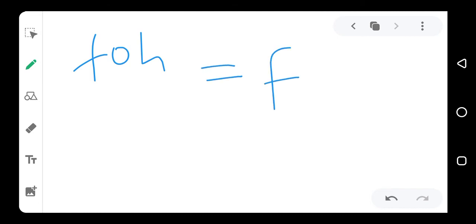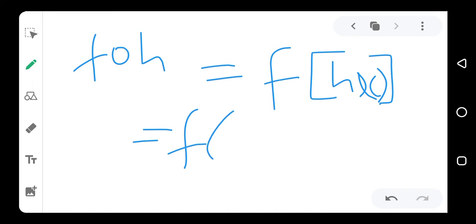Now we have f of h. That is equal to f in brackets h of x. Now h of x is simply x, so we put it here, so it becomes f brackets x.